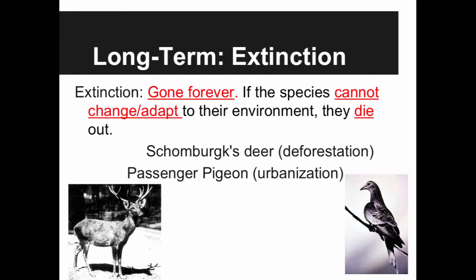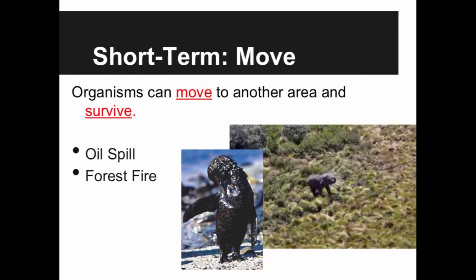So a long-term change, I just kind of want to review everything on the left-hand side, is something that takes a really long time to affect, and animals have 2 choices. You either adapt or you go extinct. Notice it's talking about the entire species, the whole population, not just one individual organism. Okay, so let's go back to short term, and we're going to go back up 1 page over to move.